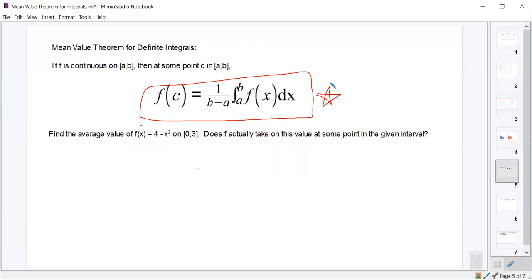Okay, so what we want to do is find the average value of 4 minus x squared on the interval from 0 to 3. Then we want to figure out if our function f actually hits that value somewhere on the interval, and it better. First, we need to know: is f continuous on 0 to 3?